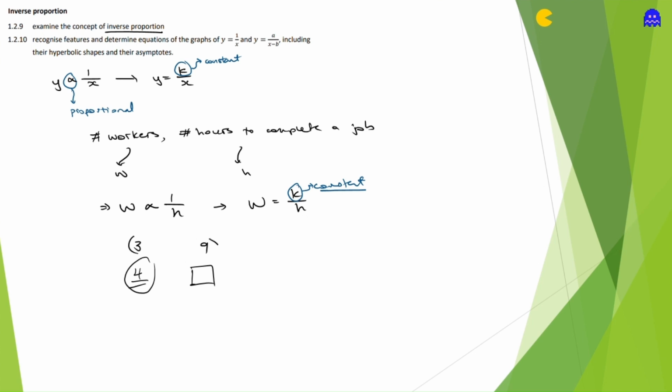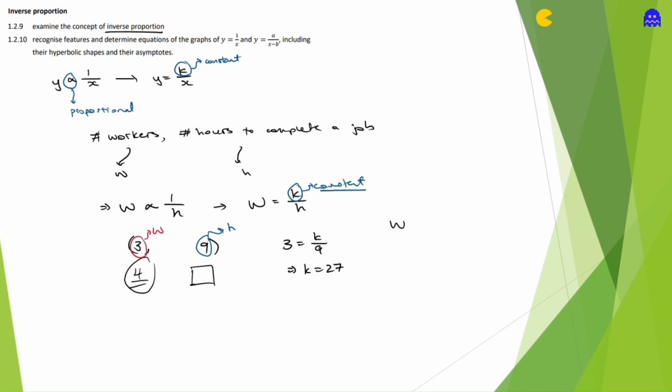The way we can do that is substituting these values in. In this case, our 3 represents the number of workers, W, and our 9 represents the number of hours to do the job, H. And so as a result, we'll have 3 equals k over 9. And so as a result, k will be equal to 27.